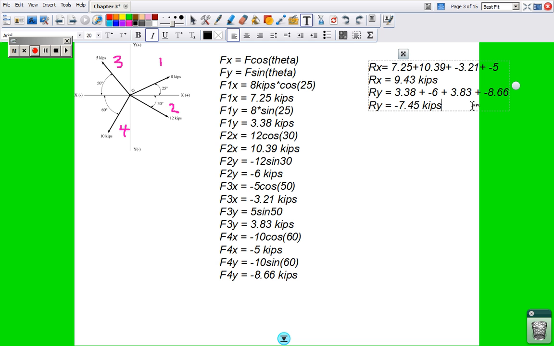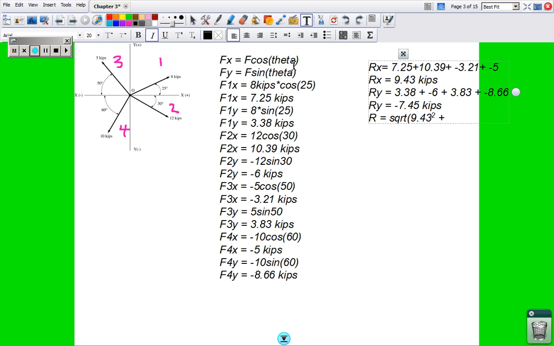Alright, so we've got a positive x and a negative y, which means we're going to be here in this quadrant. So let's say our R is equal to the square root of 9.43 squared plus negative 7.45 squared.